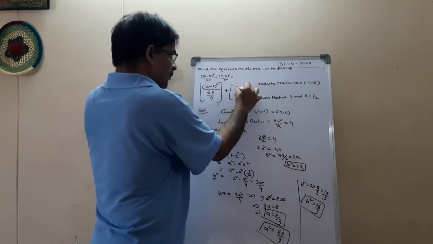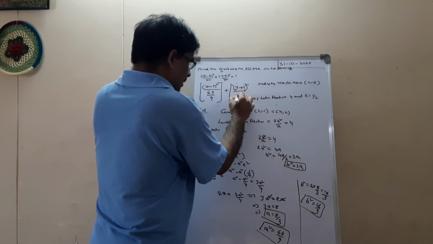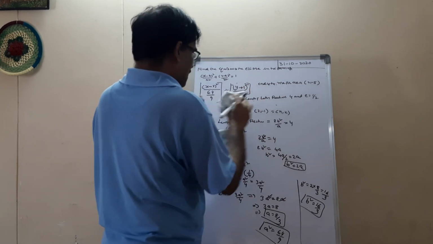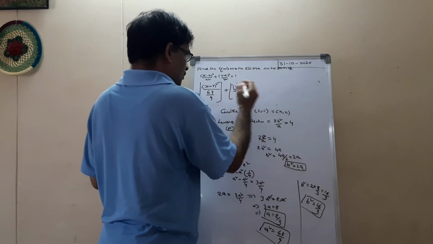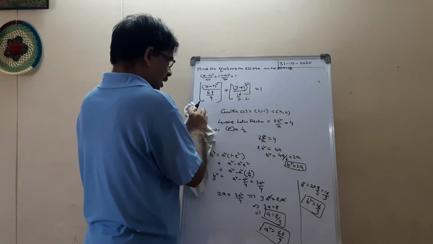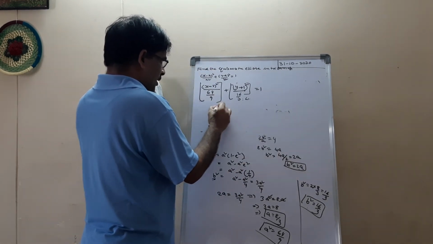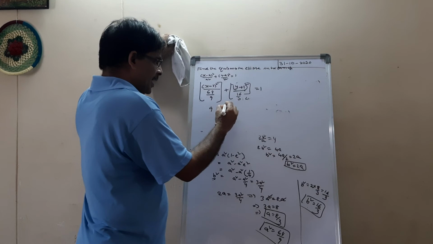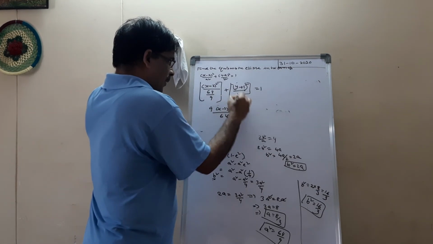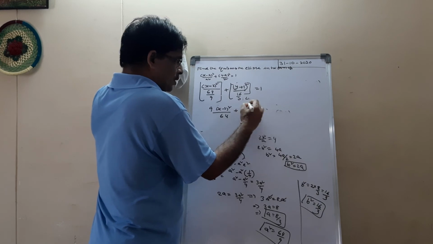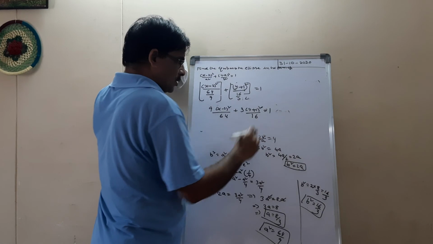Minus of minus means plus, whole square by b square, 16 by 3, equal to 1. Now see the answer: 9 times (x minus 2) whole square by 64, plus 3 times (y plus 1) whole square by 16, equal to 1.